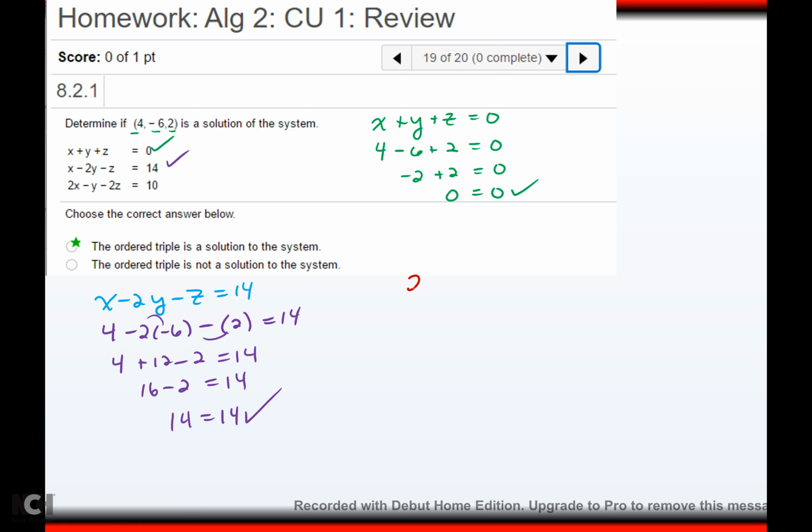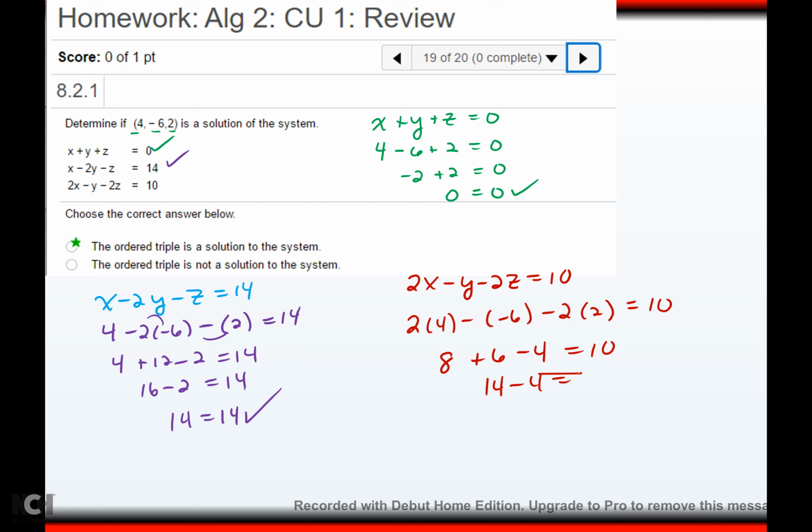So my third one, 2x minus y minus 2z equals 10. 2 times 4 minus a negative 6 minus 2 times 2 equals 10. That's 8, that's plus 6, that's minus 4 equals 10. That's 14 minus 4, which is 10 equals 10. So it works in all three, which means it is a solution to the system.